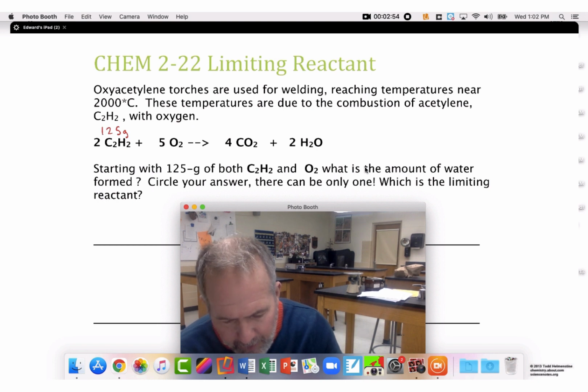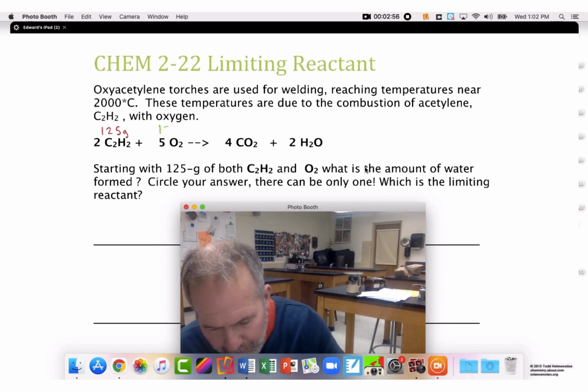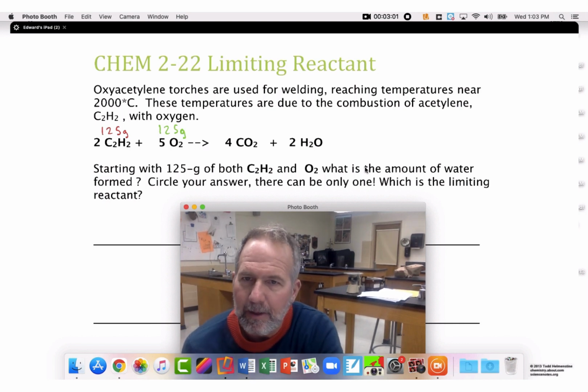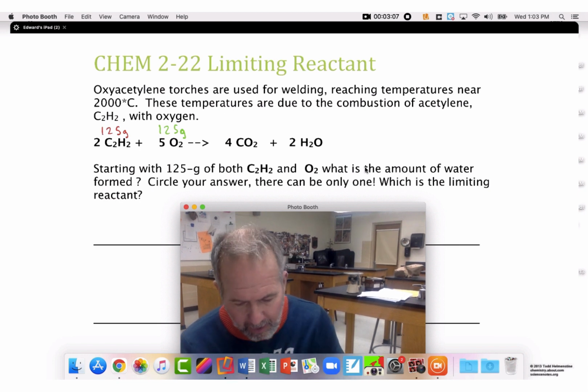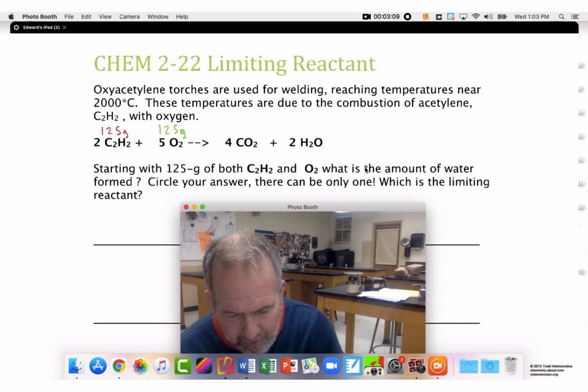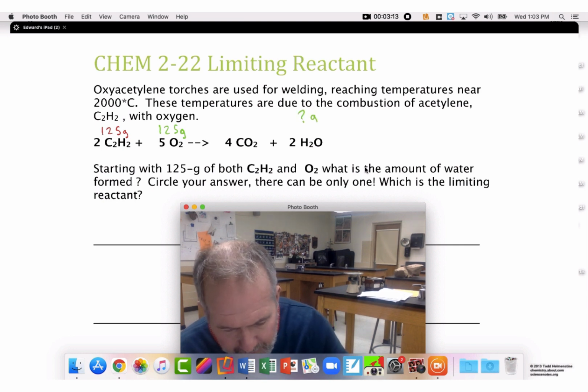I'm going to put one in green and one in red. They're separate. They're going to react together, and we're going to find out how much water we can make. So we're going to put a question mark, and we're finding grams. And again, it's water, and so we'll put a question mark in grams.